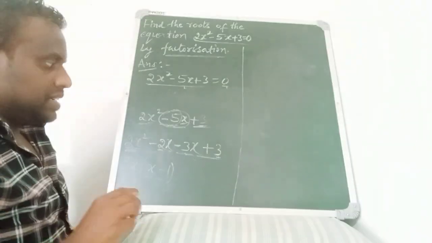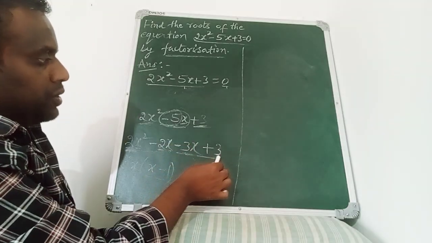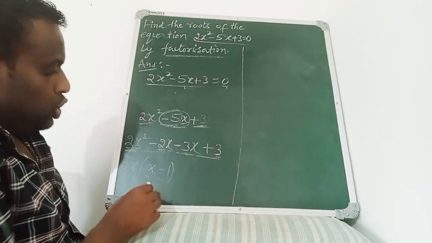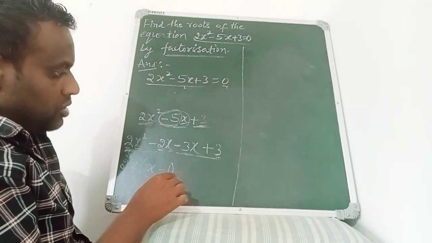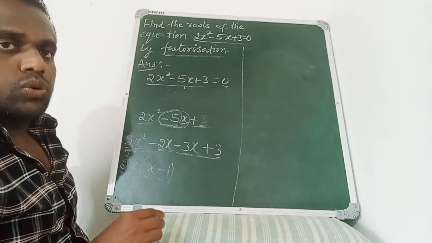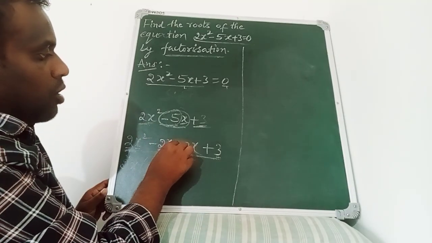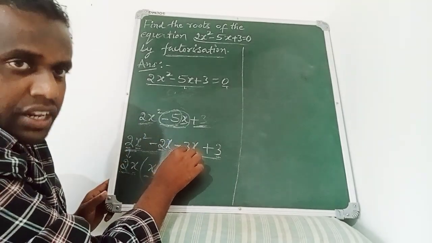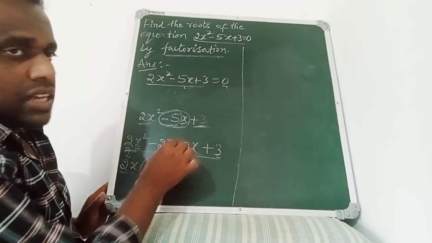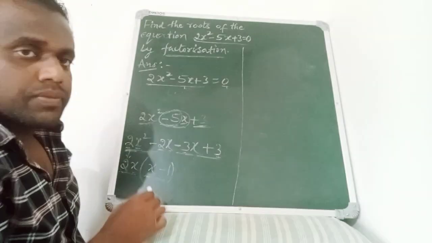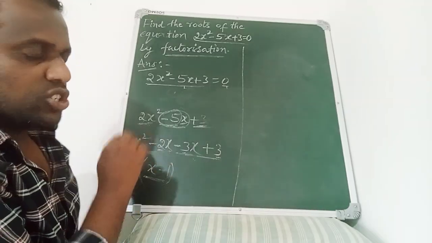If you take just 3 as common, you won't get x minus 1. What you have to do is take this sign common along with the 3. If you take this minus sign also as common, then you will get x minus 1. I will show now, you will understand.